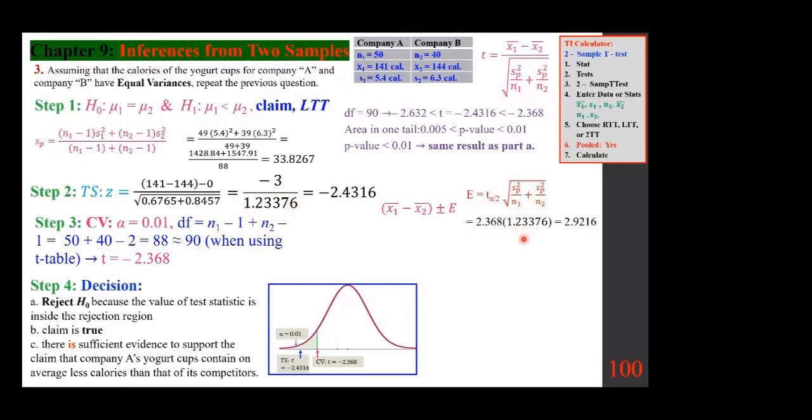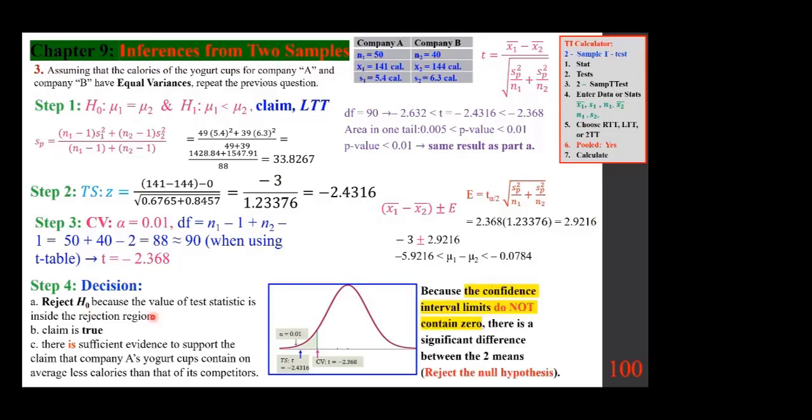So the calculation for the confidence interval is extremely fast. You come up with the answer. As I mentioned, x1 bar minus x2 bar is the numerator. Add and subtract this number. And notice both numbers are negative. 0 is not contained, and therefore we get to the same result as here.